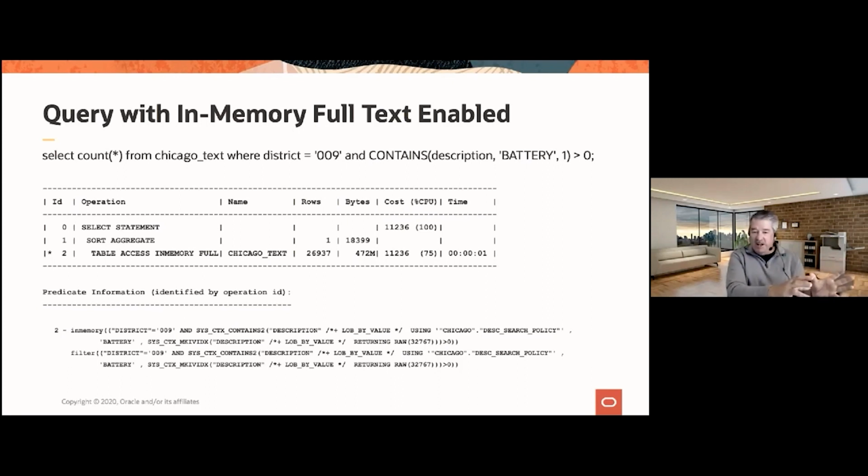So we combine Oracle Text with Database In-Memory. We're calling it in-memory full text columns: you identify one or more text-oriented columns, and we create a text index in the column store. We worked with the text folks on this.